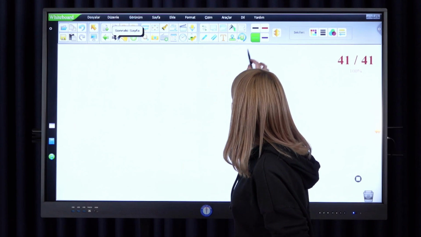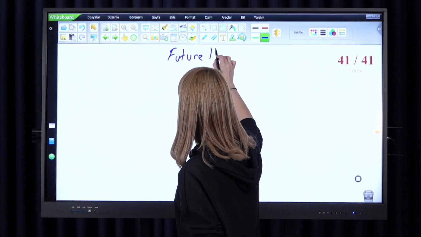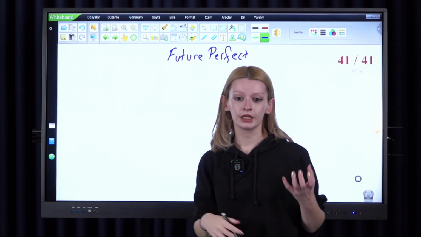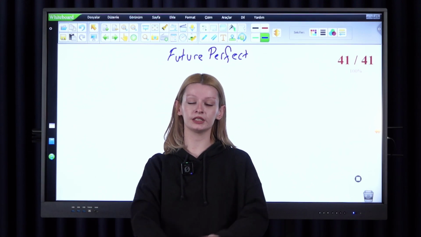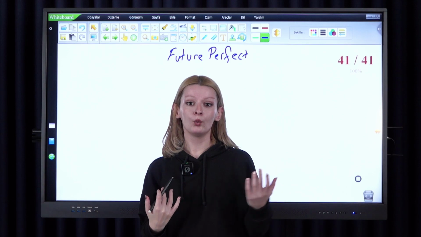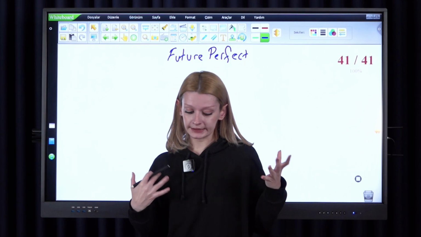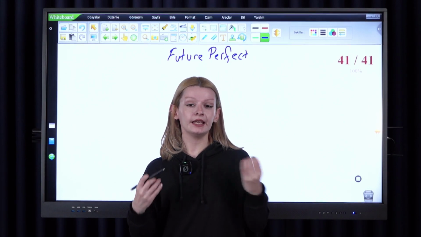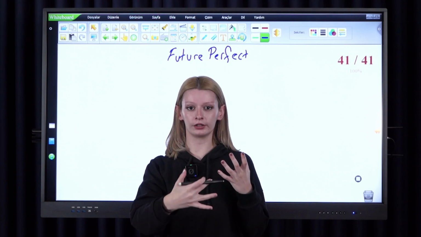Now it's time for future perfect. First, I will tell you why we use it, how we use it, what is the meaning behind it. It is used with actions and it is predicted to be done by the time we're talking about.